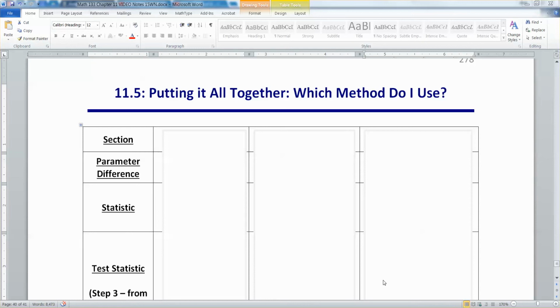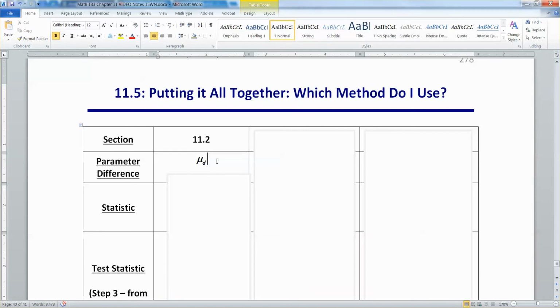All right, so section 11.2, if you remember back that far, was the section where we were interested in the mean difference for dependent samples, right? So when the data sets were dependent. Let me put that down. Dependent means, right?